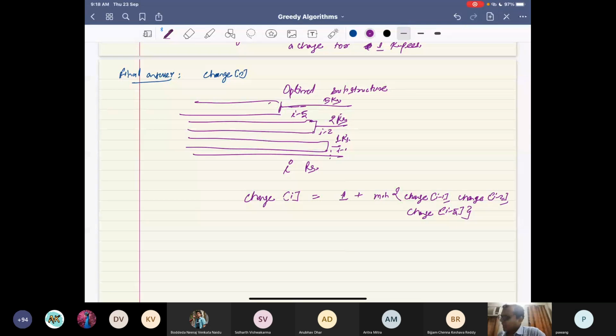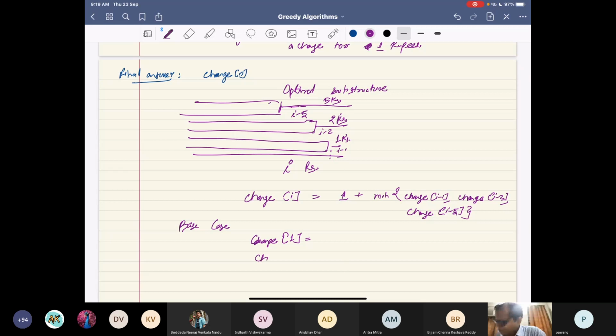And then you have to define your base cases here. Because you are using i minus 5, you have to define base cases up to either 0 to 4 or 1 to 5, whatever. So let's say I define the base cases for 1 to 5.